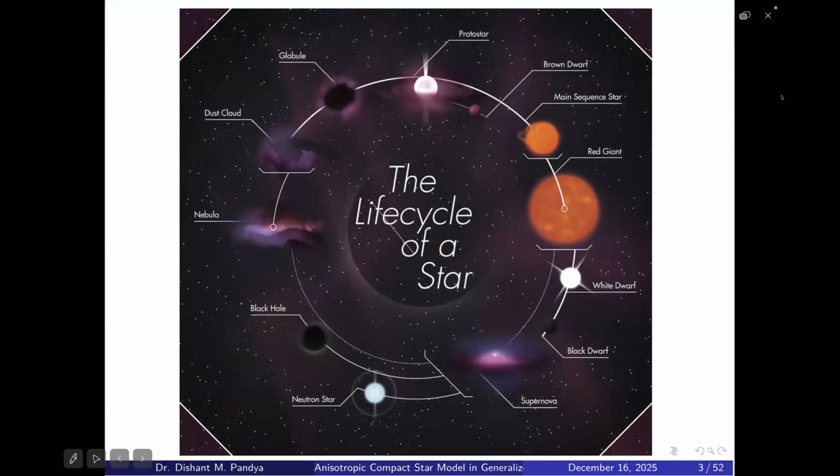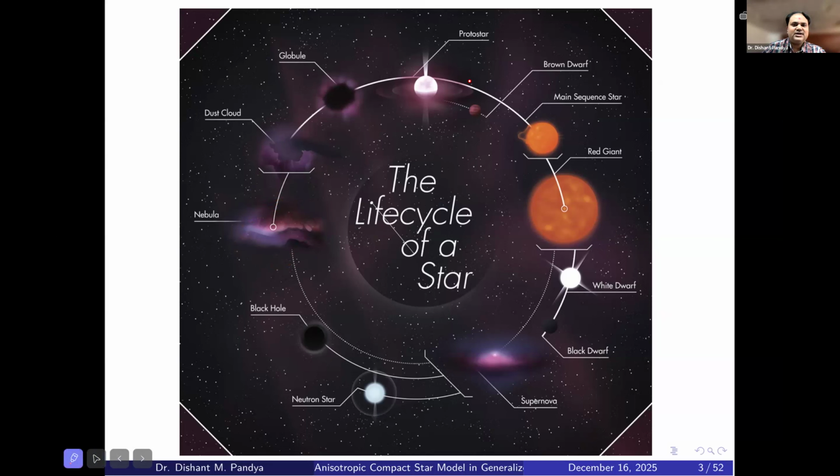The first phase of my talk is the basics of the life cycle of a star that we are already familiar with. So I'm not going into the details of each and every phase, but you have a clear picture here. If you start from the nebula, this part is the nebula.